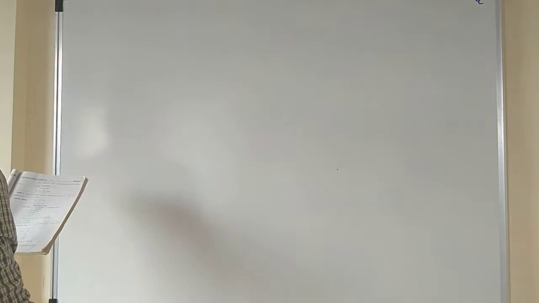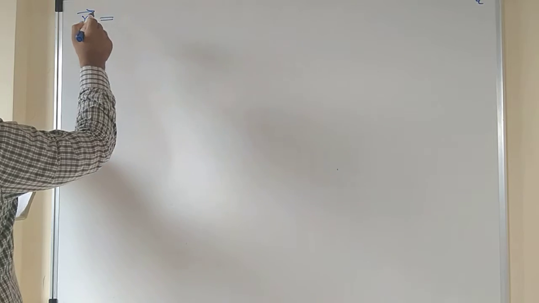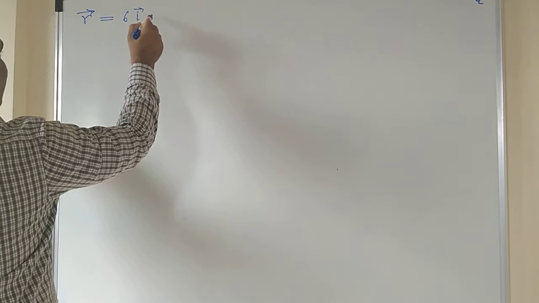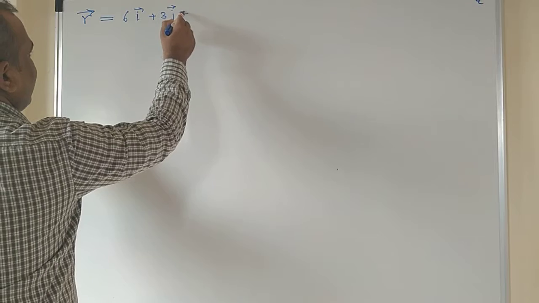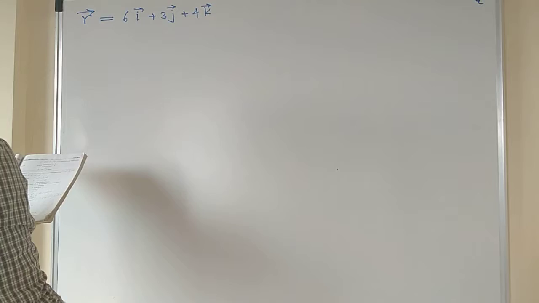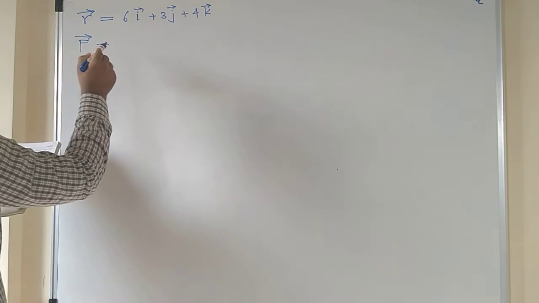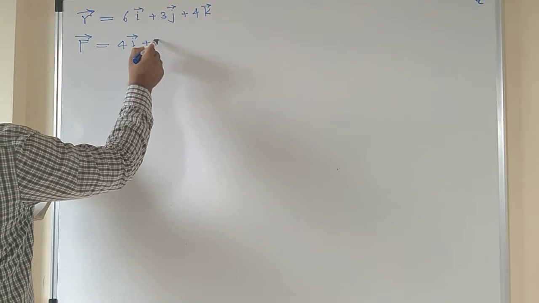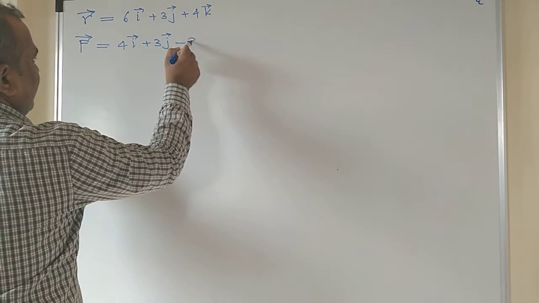Find the work done in moving an object along a vector r bar, where r bar is equal to 6i bar plus 3j bar plus 4k bar, if the applied force F bar is equal to 4i plus 3j minus 3k.